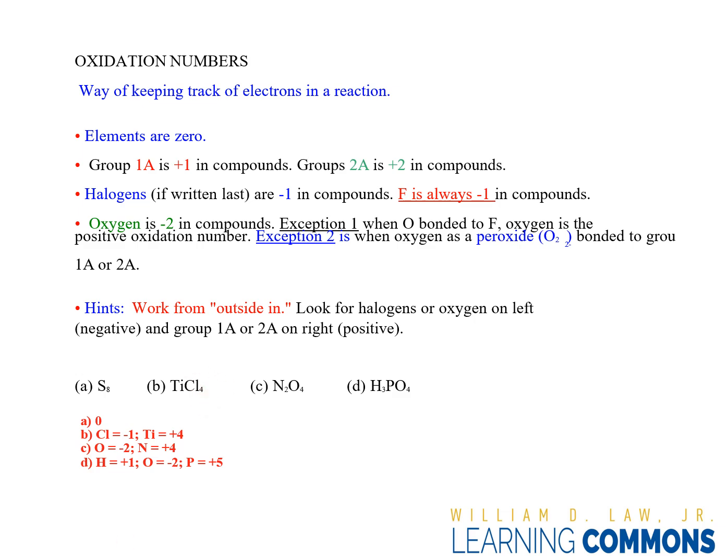If you don't know how to figure out the oxidation number in this example, just imagine the chlorine is from the halogen. The chlorine is minus one, and the selenium is positive 4.